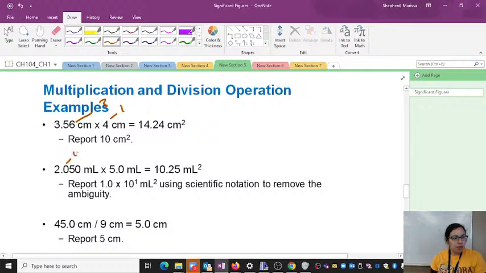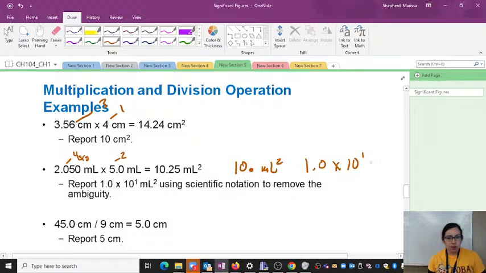Now we have 4 sig figs from our first number, only 2 from our second, so we have to round to 10 with 2 sig figs. That's where they say change it to scientific notation so you don't have that awkward decimal point. We could rewrite it as 1.0 times 10 to the 1, and then milliliters squared.